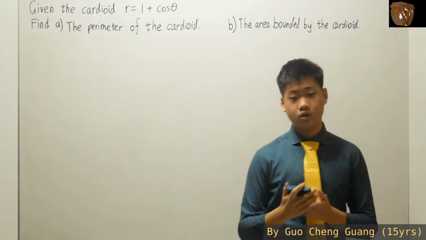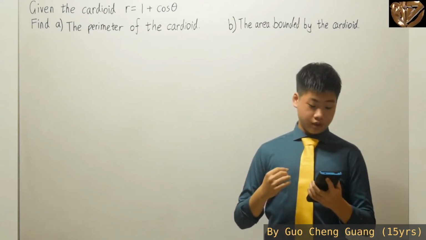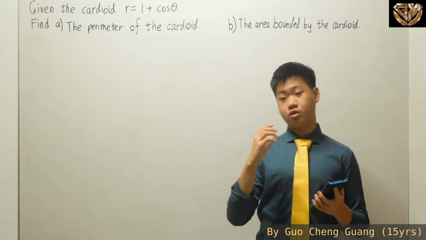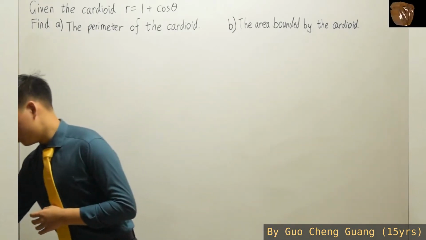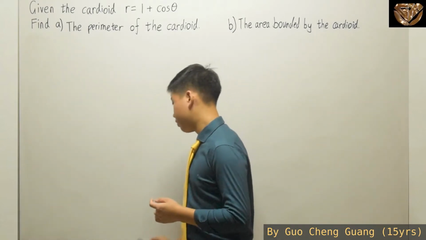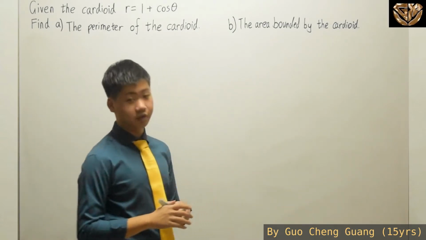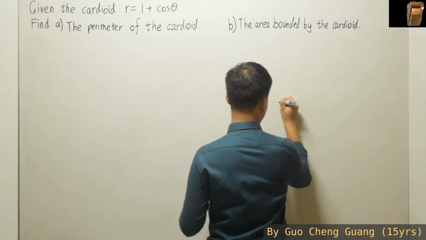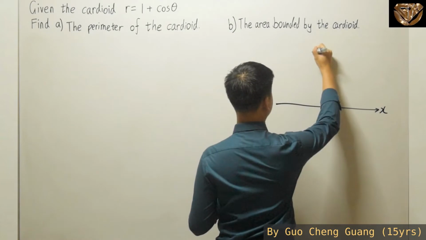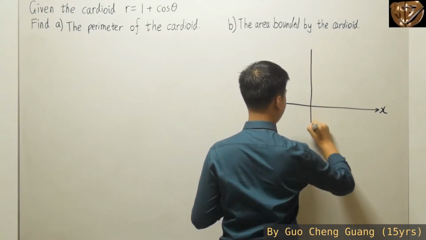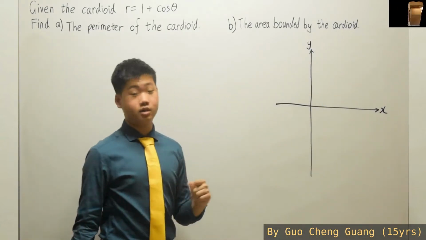You would see that heart shape with its two parts pointing towards the left. Now let's take a look at what it looks like if we roughly sketch it out. Let's say this is your x-axis and this is your y-axis.